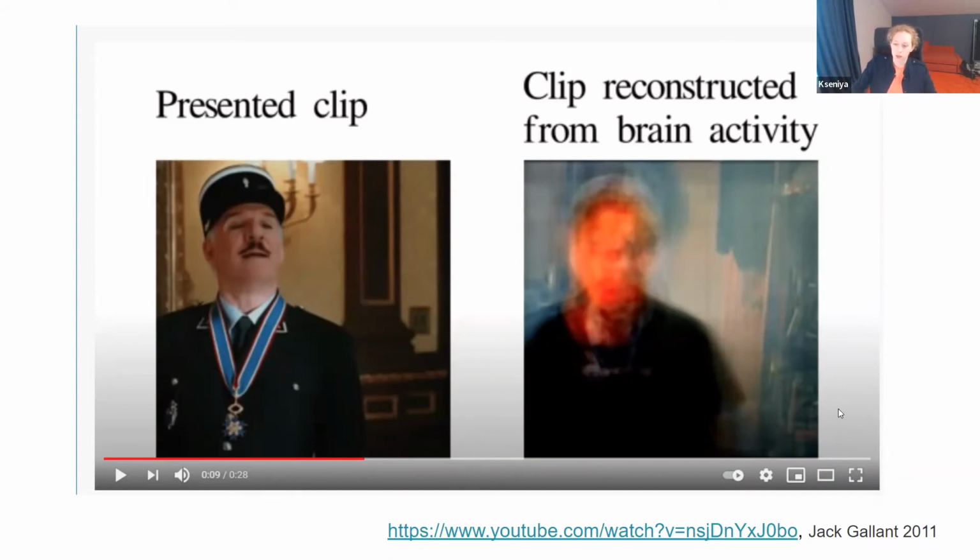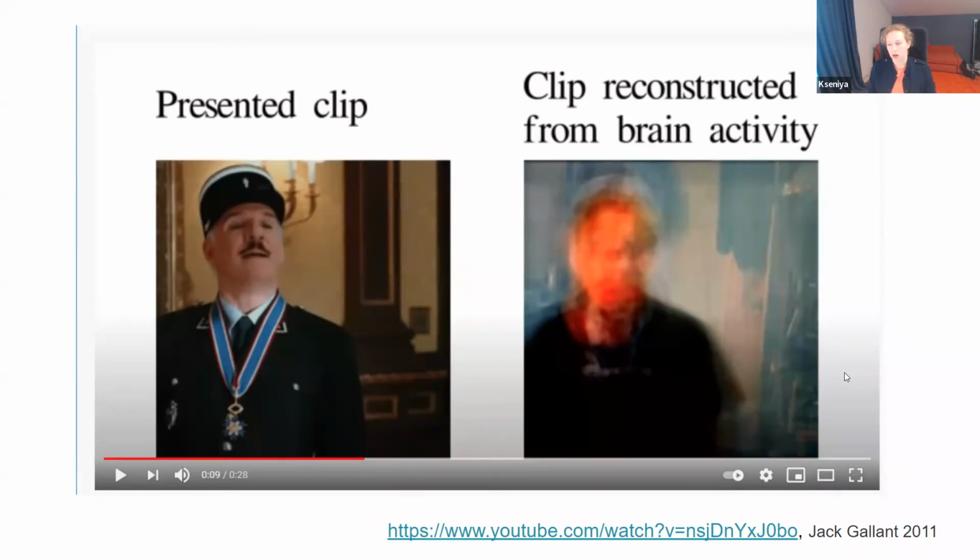Then they trained algorithms to recognize screen pixels from brain voxels. Before that, they showed many different videos to, for example, one person and to another person, and they created these connections between the pixels, the activity on the video, and the voxels in the brain.